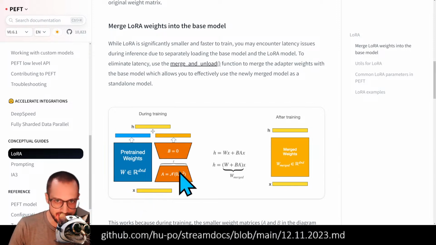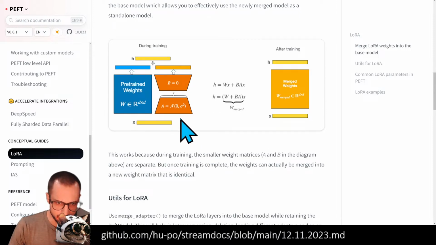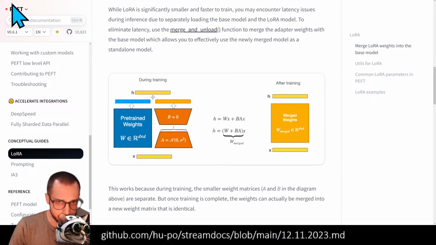Basically the way that it works is it uses a low-rank matrix or a pair of these. You have an A matrix and a B matrix. Here is the documentation for parameter-efficient fine-tuning, a Hugging Face framework or set of tools that you can use for training LoRAs. Basically LoRAs are these pairs of matrices, A's and B's, and because they're lower rank, they have a smaller total amount of numbers, which means that rather than fine-tuning the original model, you can fine-tune these matrices only, and it's a lot cheaper and a lot faster.